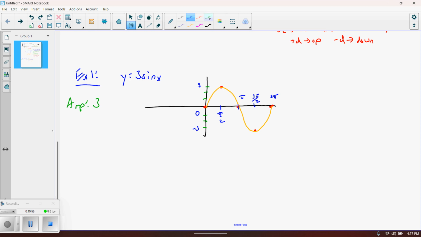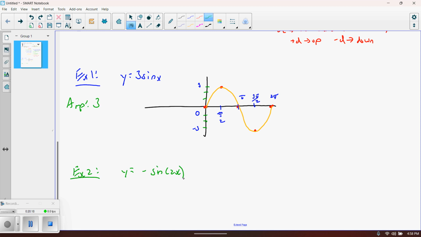So now let's say, for example 2, that we have y equals negative sine of 2x. Well, now I have something being multiplied by my x. That's kind of that omega value that they were giving us.